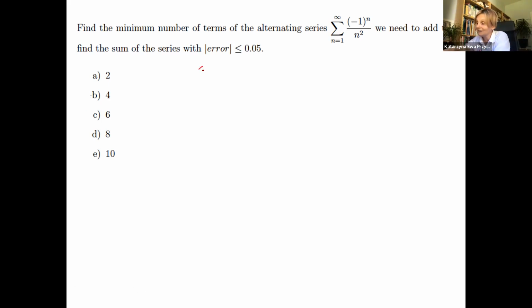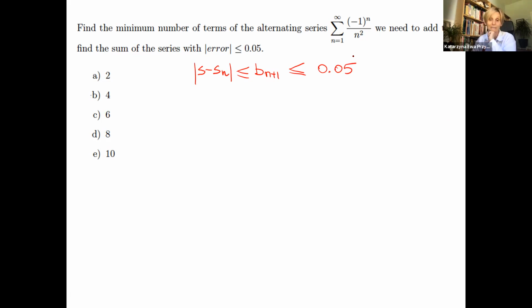That means the error, the difference between the partial sum and the actual sum, must be less than b sub n plus 1. And we know that this must be less than 0.05. I can include my theorem, our tool.